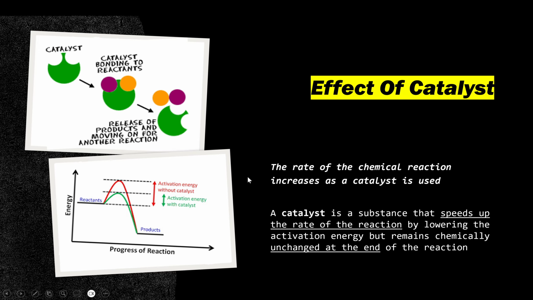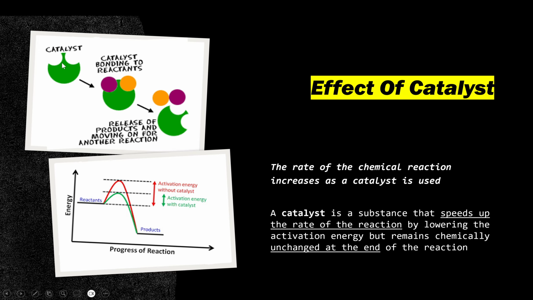A catalyst is also related to activation energy, except this time the catalyst controls the activation energy and it has nothing to do with the particles. Meaning, the catalyst lowers the activation energy, makes it easier for the particles to react, or increases the fraction of successful collisions.